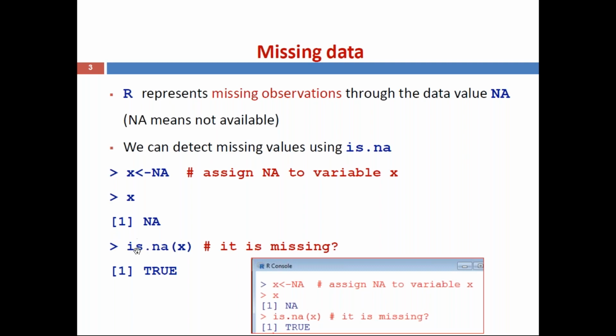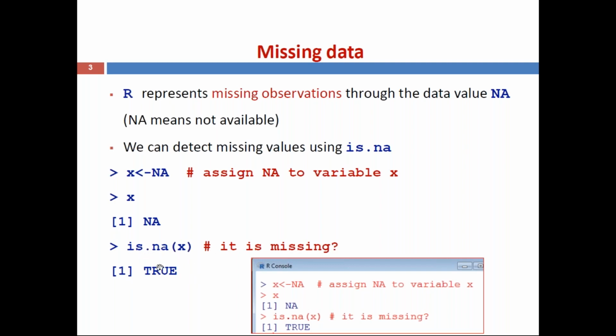Whenever you type this command is.na of whatever variable we assigned NA to, that is x, it gives the result whether it is missing or not. If it is really missing, it gives TRUE, otherwise it gives FALSE. So when you execute this command, you will get TRUE.